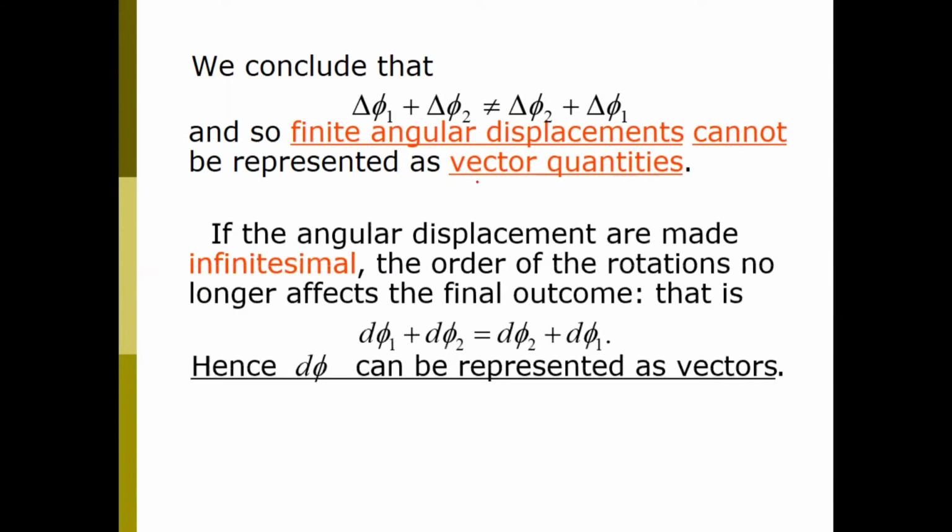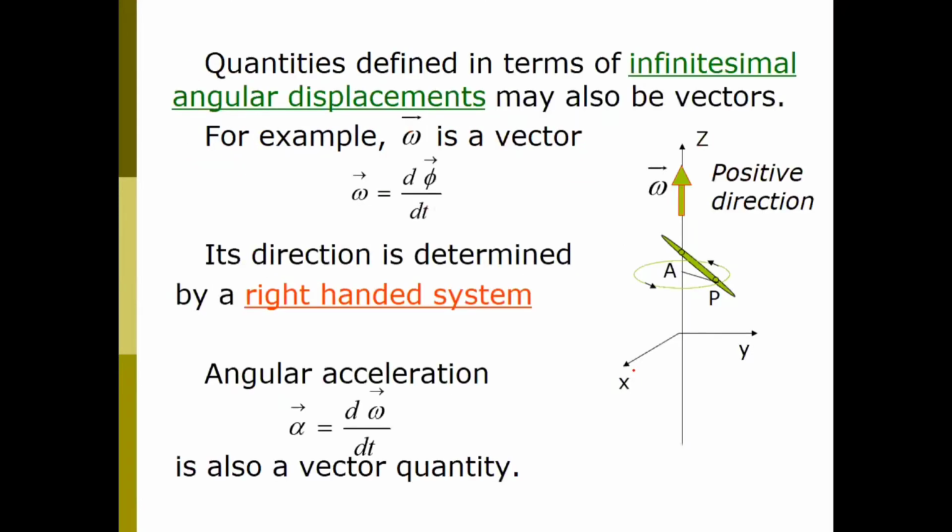If the angular displacements are made infinitesimal, the order of the rotations no longer affects the final outcome. And that is, d theta 1 plus d theta 2 is equal to d theta 2 plus d theta 1. Hence, d theta can be represented as vectors.